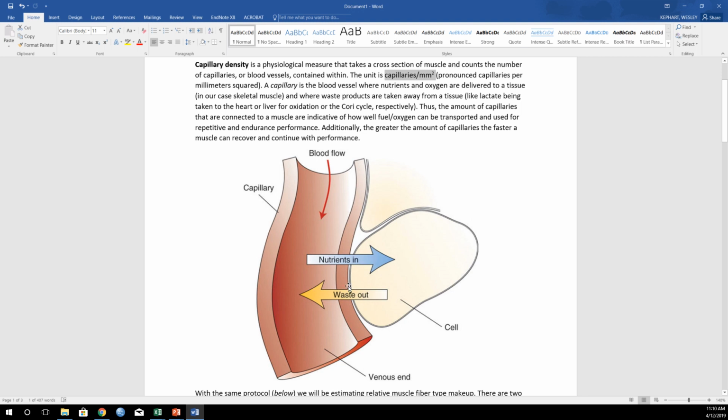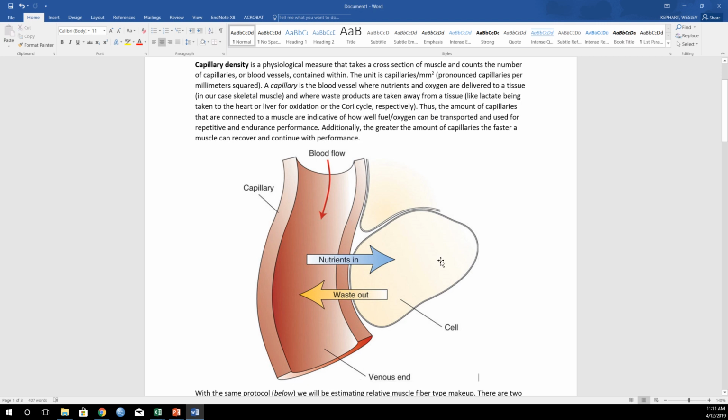So, hopefully, this makes sense that capillaries are fairly important for endurance activities and repeated bout activities. Really, the amount of oxygen and glucose or other nutrients that we can get into a muscle is going to more or less dictate how long we can keep on doing it. And another interesting thing, I wrote this right about here.